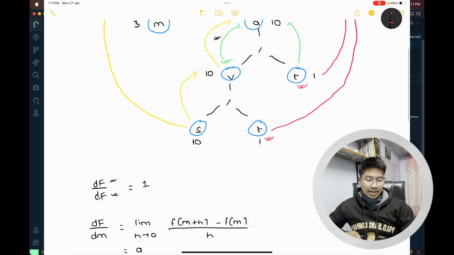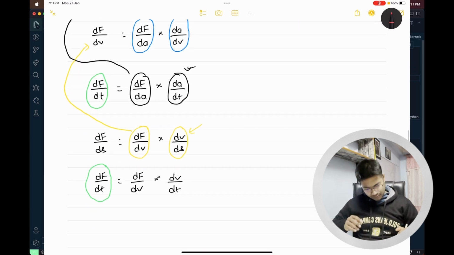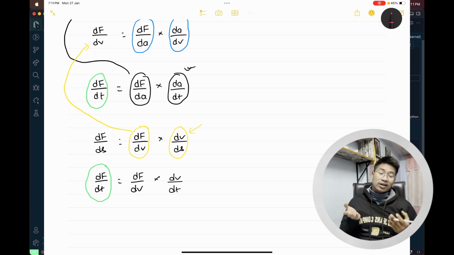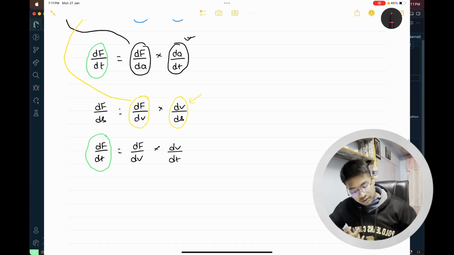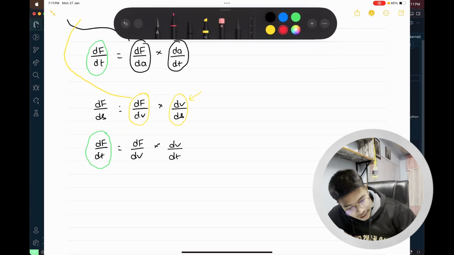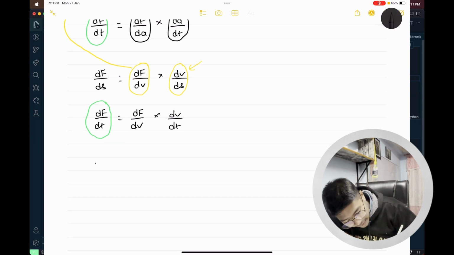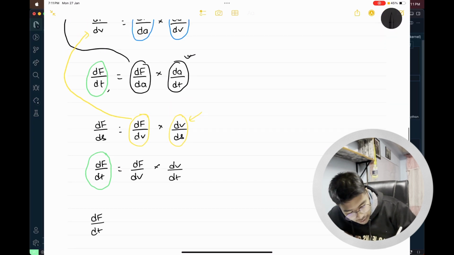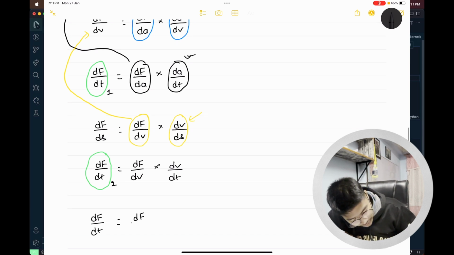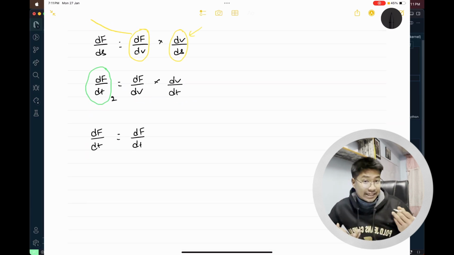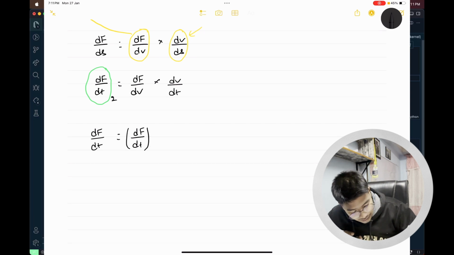So both of these t are going to affect f. So let's say this guy is our number 1, this guy is number 2, and the way you find the actual df by dt is by computing df by dt 1 plus df by dt 2.